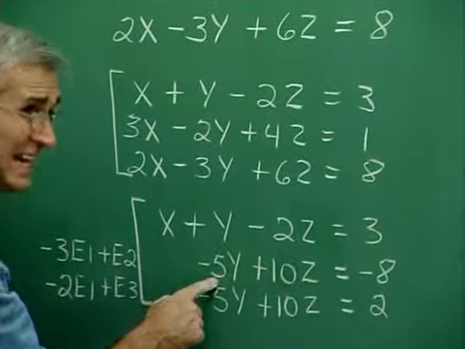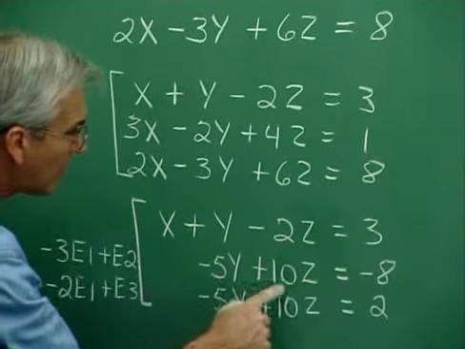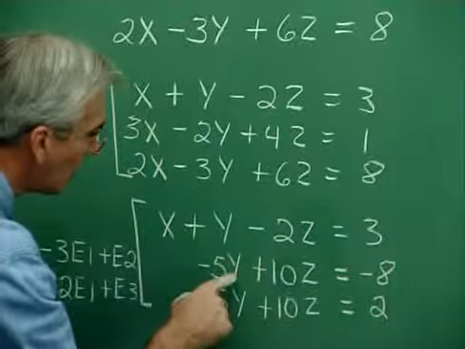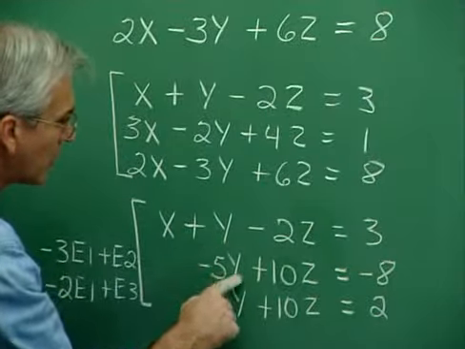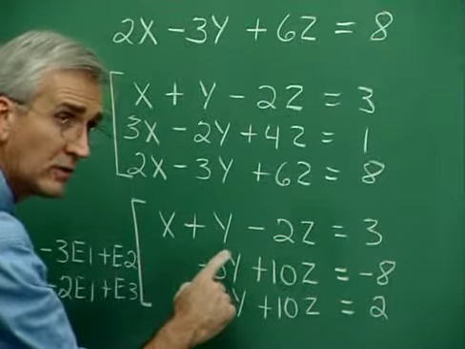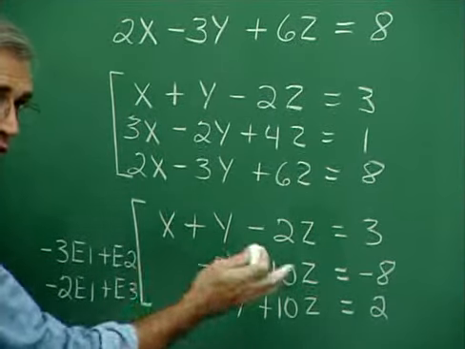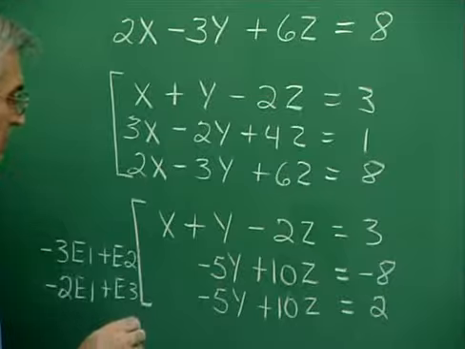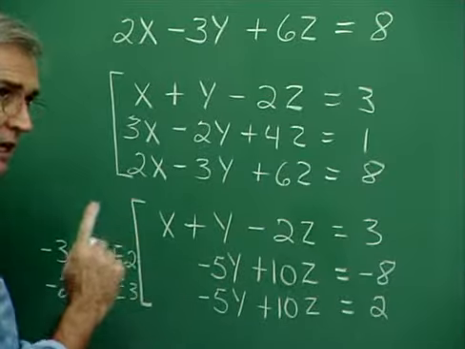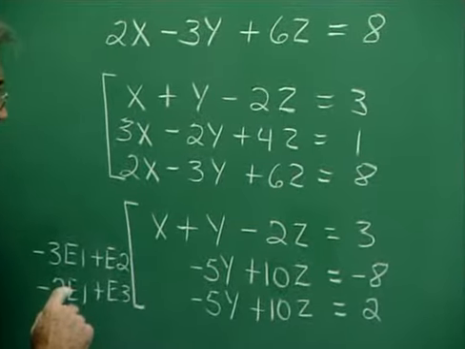Like right here, I might decide to divide through by -5 just to cause this term to become 1y. You see, the leading coefficient of 1. I'm not going to do it in this particular example because I want to show you something else about this particular problem. But sometimes you might gain some efficiency that way.